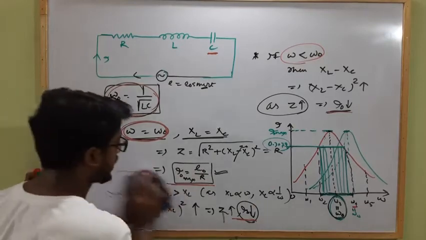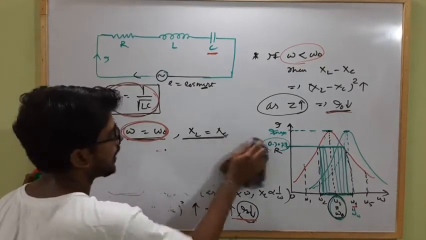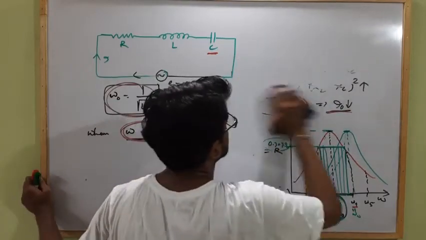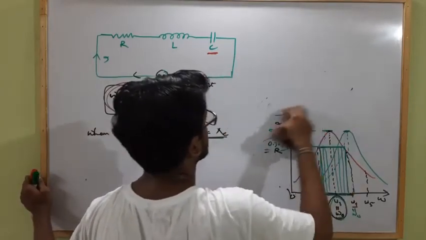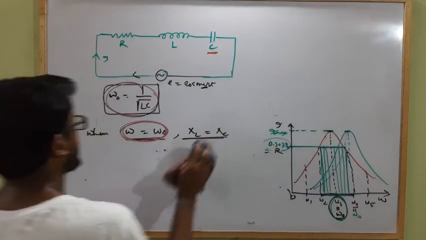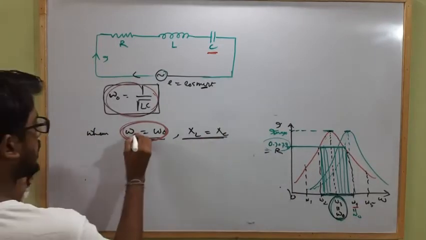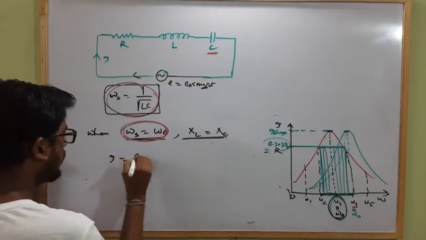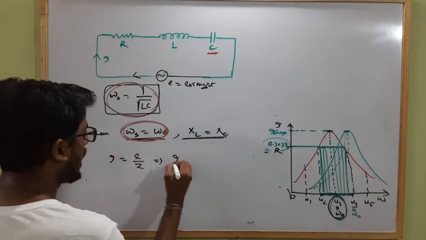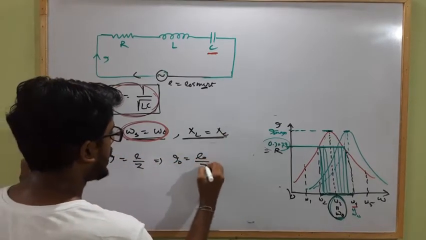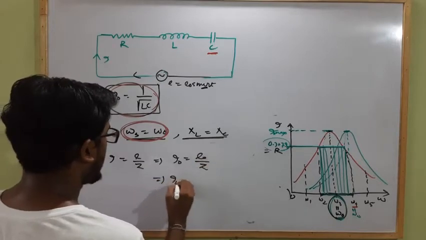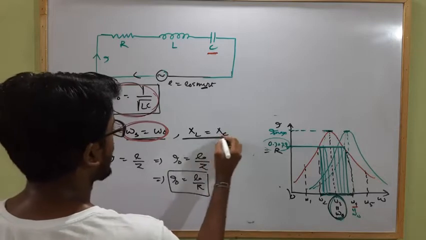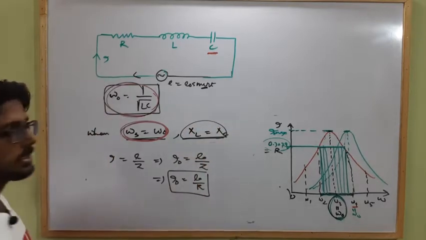I equals E by Z. This implies I naught equals E naught by Z, or I naught equals E naught by R, because Z will become R when XC equals XL.